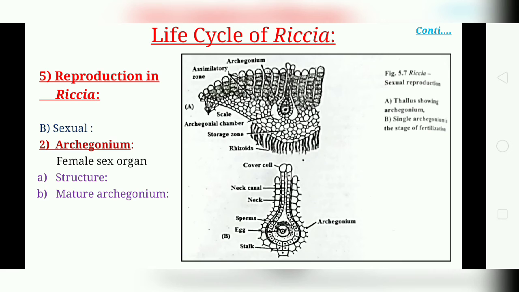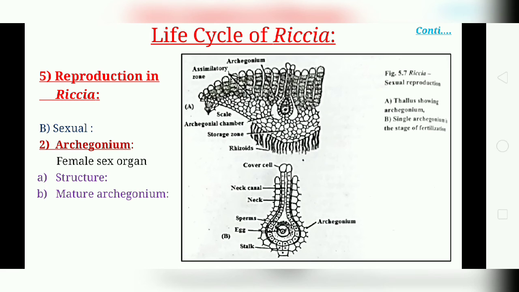The venter, the basal swollen part, consists of a single-layered wall of usually 10 to 20 cells in perimeter. It encloses a lower large egg with an upper small ventral canal cell. The neck is a long, single-layered elongated tube. It encloses a narrow canal consisting of 4 to 6 neck canal cells in a single row.